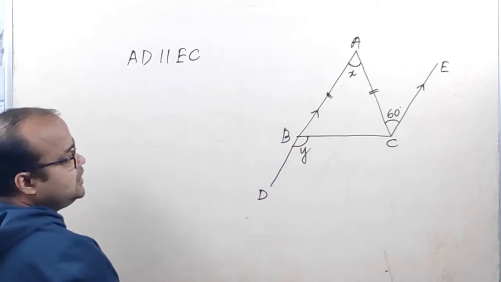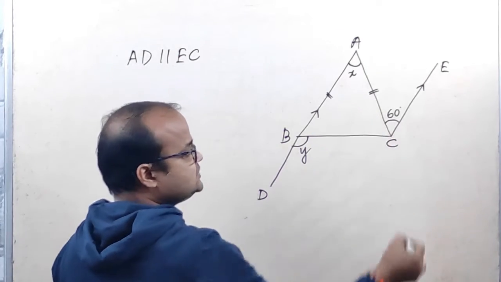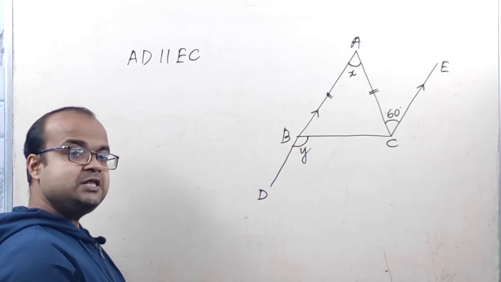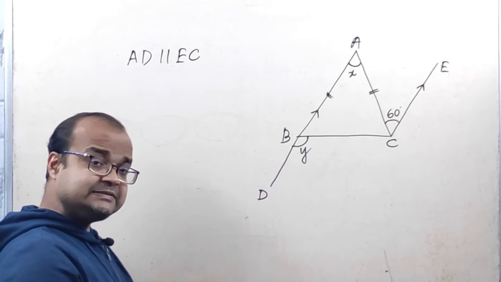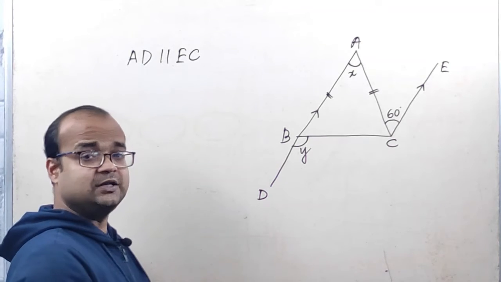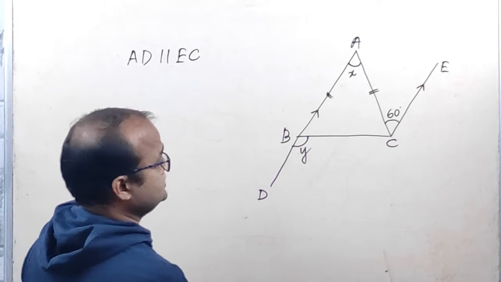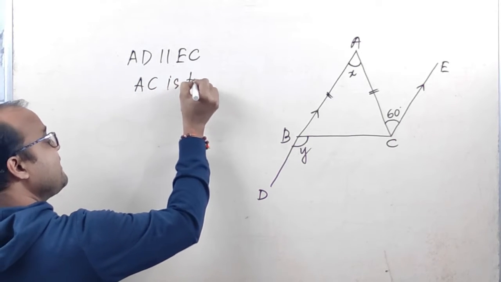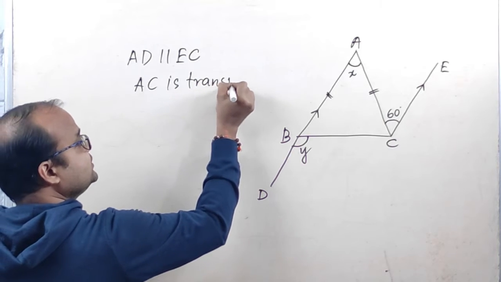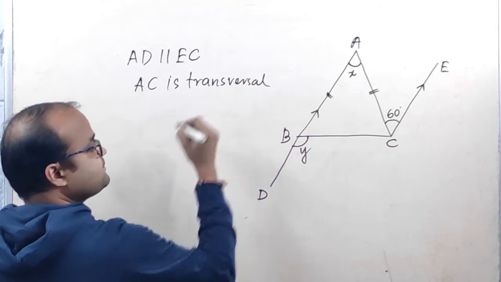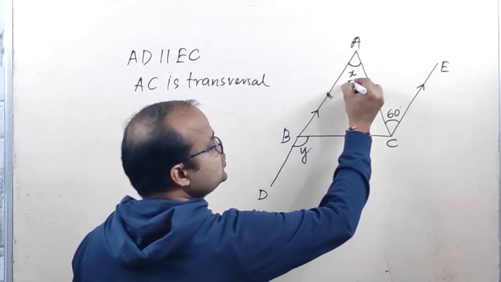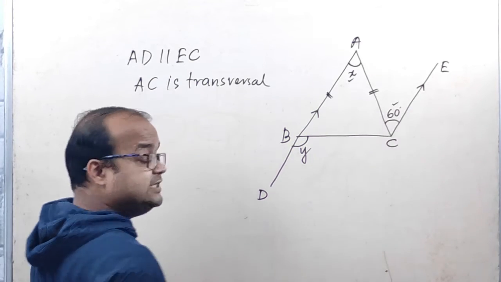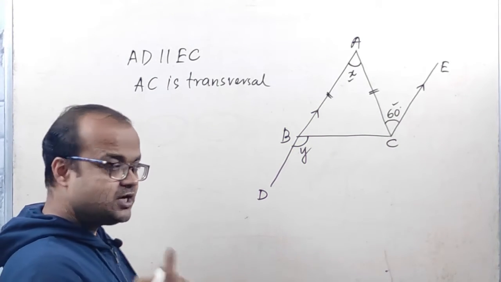Now AC is transversal. Transversal line means any line intersecting the parallel lines is called transversal. So AC is transversal. So these two are alternate interior angles.